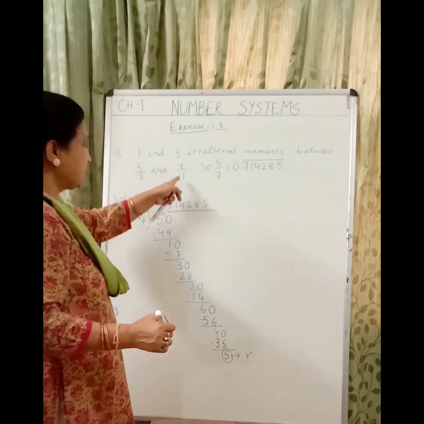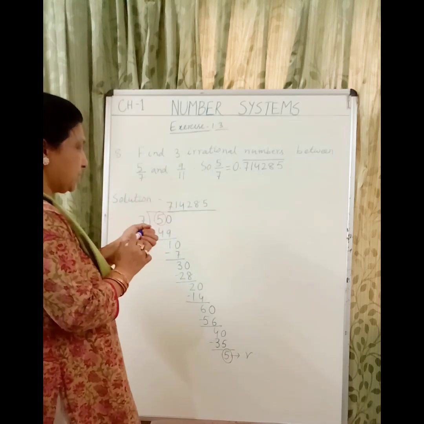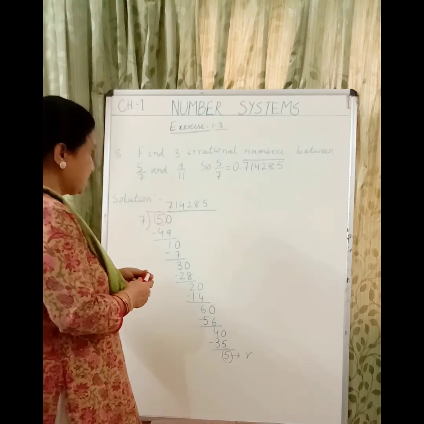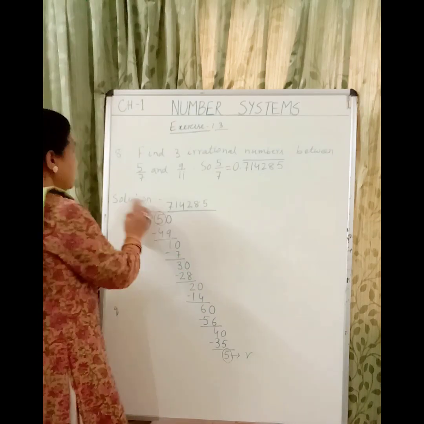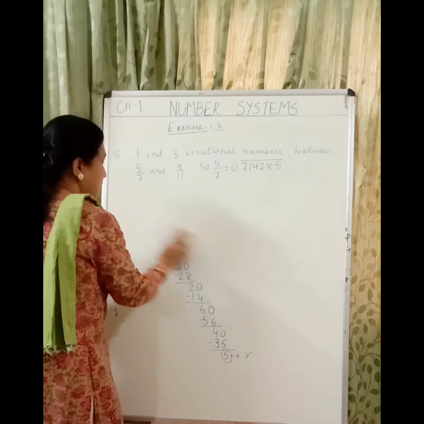Thereafter, the next rational number is 9/11. We'll be changing this also into the decimal expansion. Let us divide now.